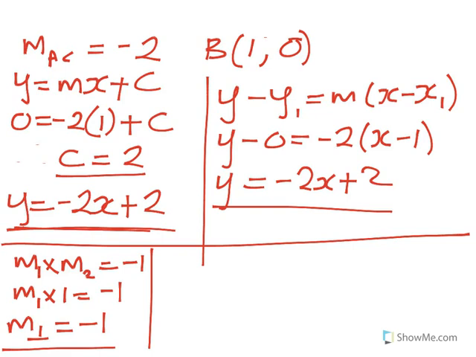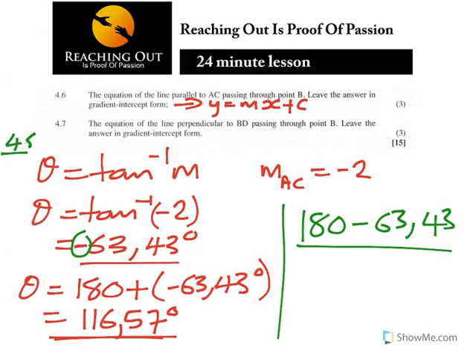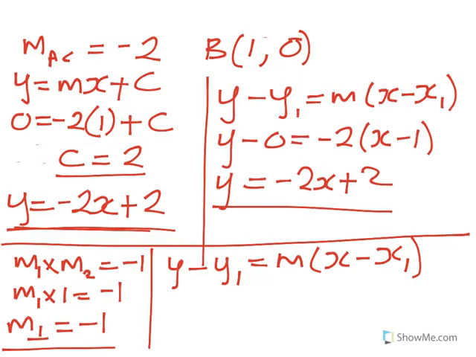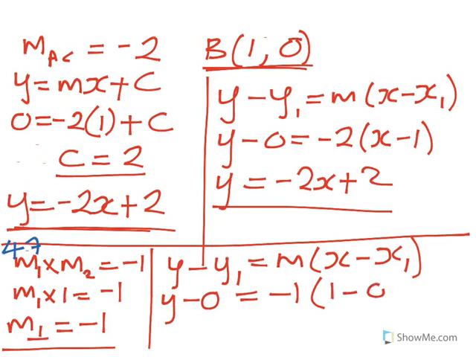Now it passes through B, using the formula y minus y1 is equal to m times x minus x1. I'm solving this just so there is no confusion, it is question 4.7 here. So y minus 0, because we're using the same coordinates of B, is equal to m, which is minus 1, times x minus 1.